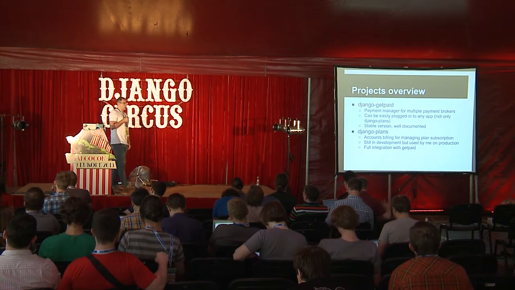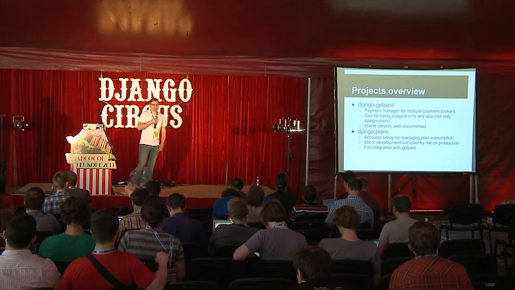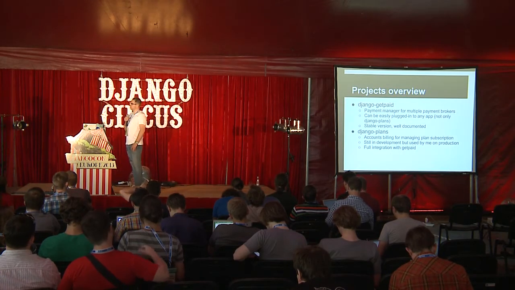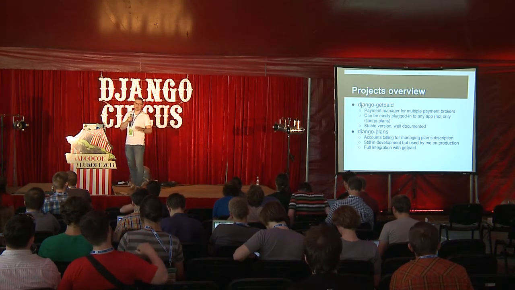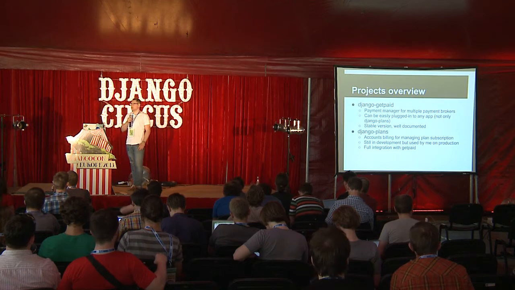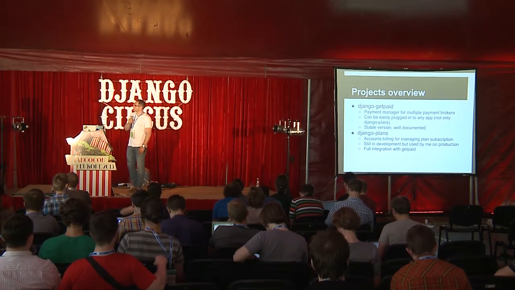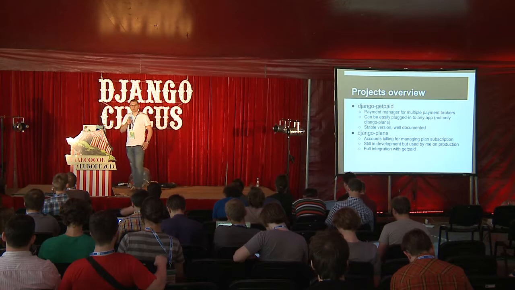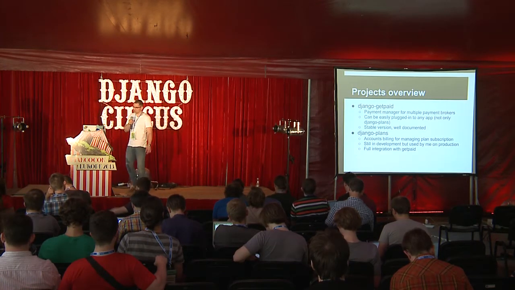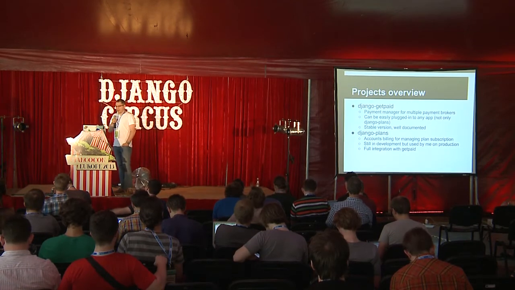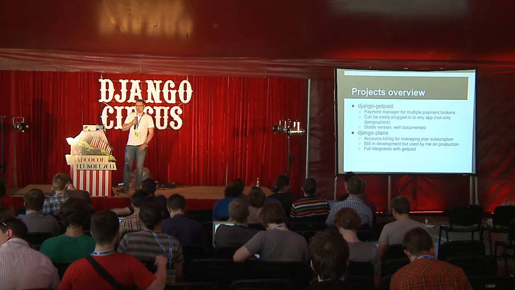So what I will be talking about today are the two projects I've open sourced. The first one is Django-getpaid, which maybe some of you are already familiar with, because I know there are a few developers in Poland that actually use it in production, apart from me. And it's quite stable. It is stable, absolutely.